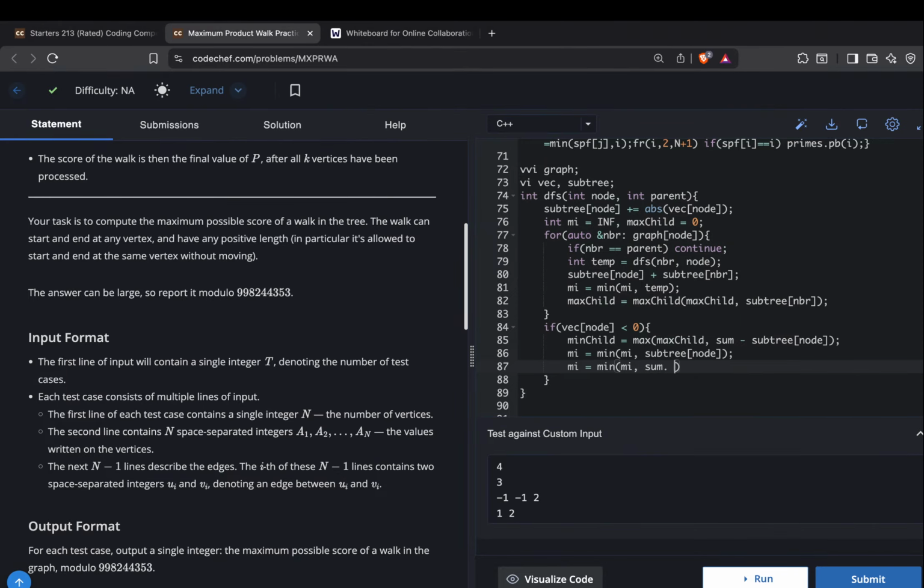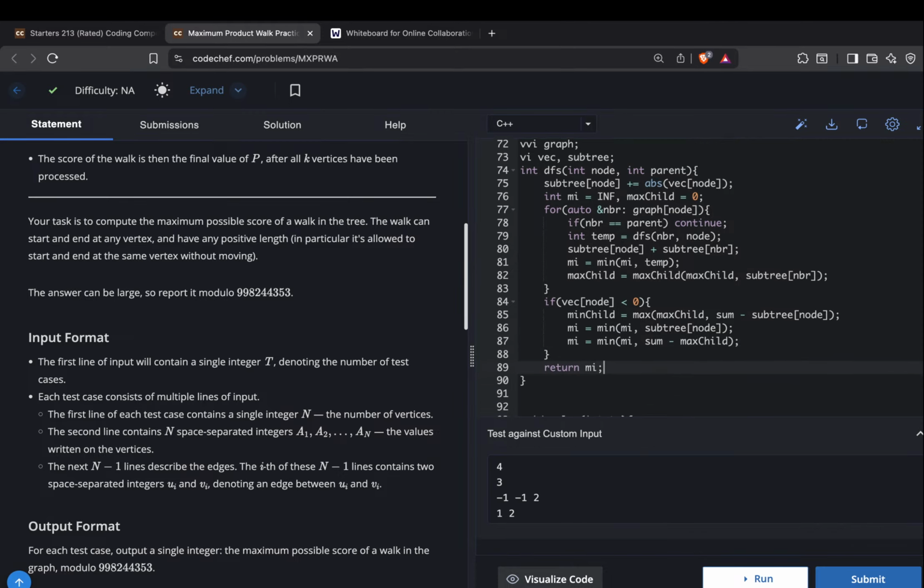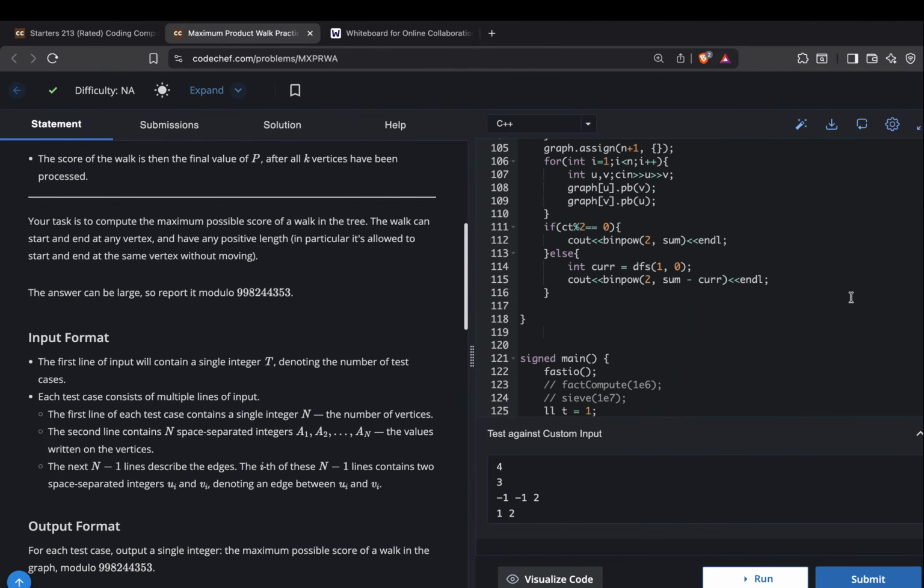For that, what is to be removed? Sum minus that child itself. So that child will remain. Now return mi, and we have already removed the minimum part here.